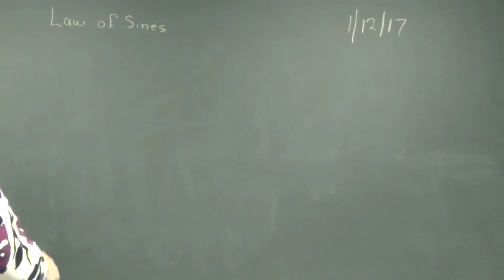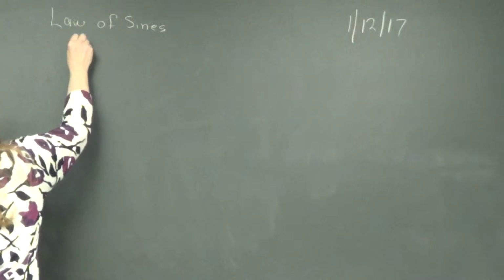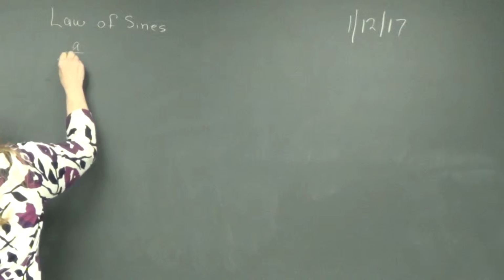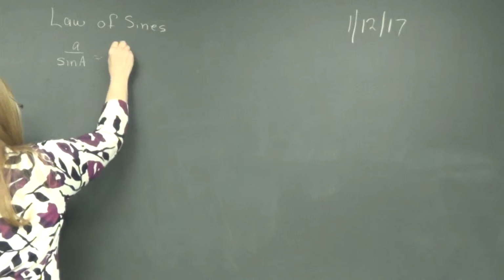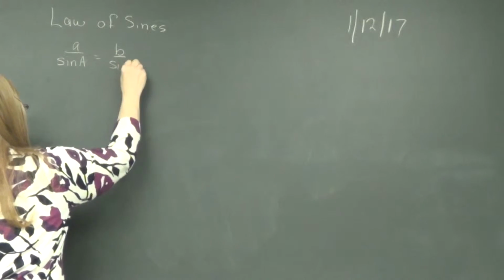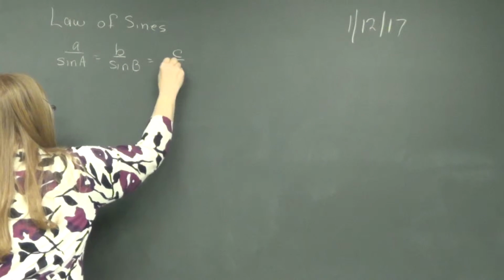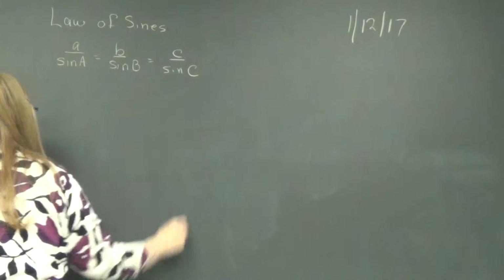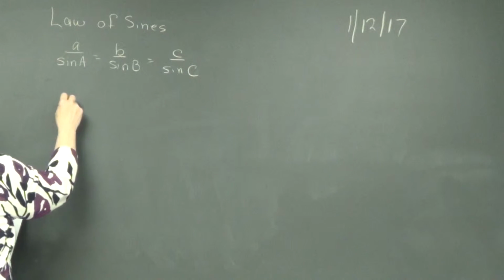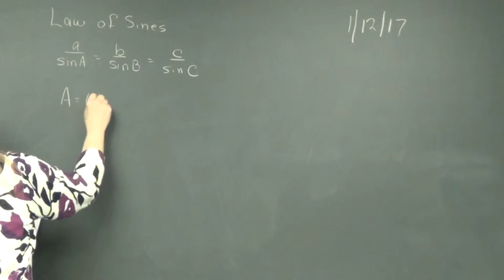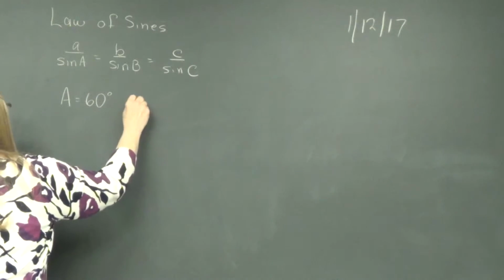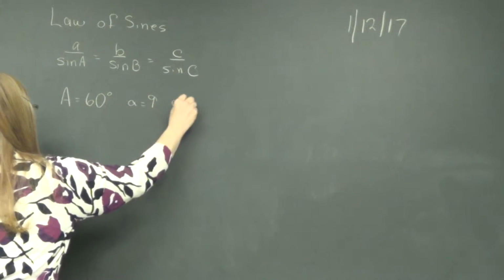So here's how the law of sines works: a over sine A equals b over sine B equals c over sine C. Our first and only example: A is 60, little a is 9, and c is 10.